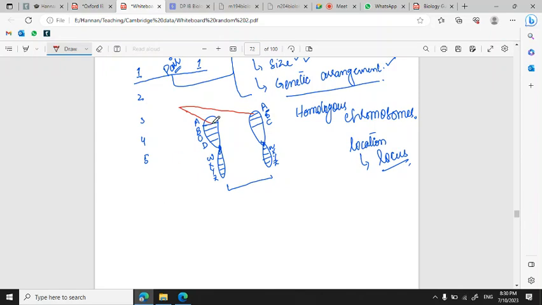Now suppose this A has the same position as this A. What would we call them? Would we call them homologous genes? Could you say base pairing? No, base pair is within a gene. Let me repeat my question.